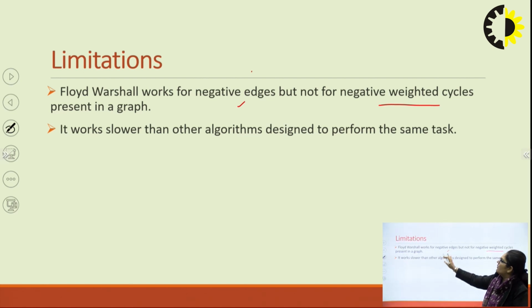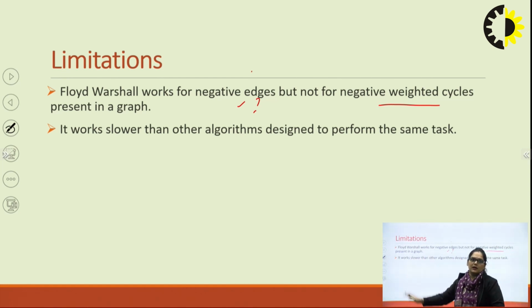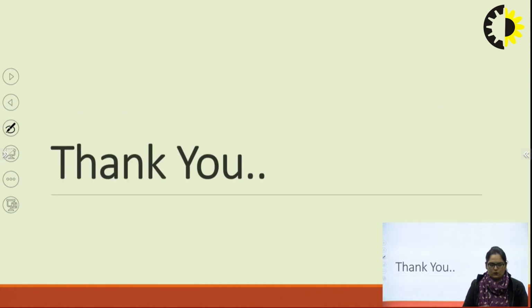But Floyd-Warshall can work for negative edges if they are present in your graph, but it doesn't work for negative weighted cycles. And another limitation is that it works slower than other algorithms designed to perform the same task. Okay, thank you.